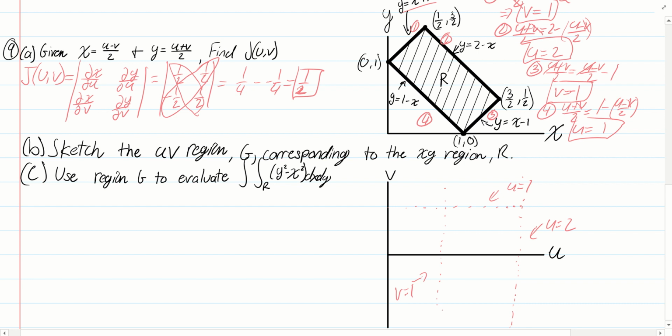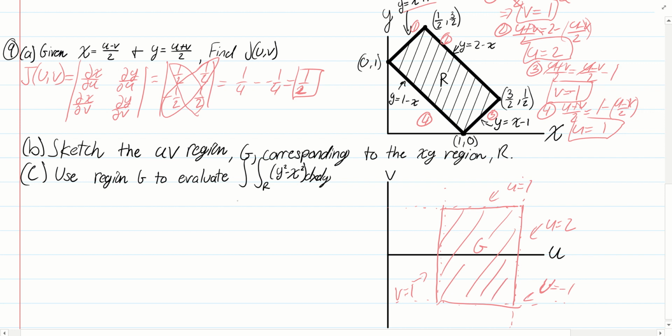And then we have v equal to negative 1, which is going to include this portion. So now we have this box here, our region, which is now G. This is our new region.